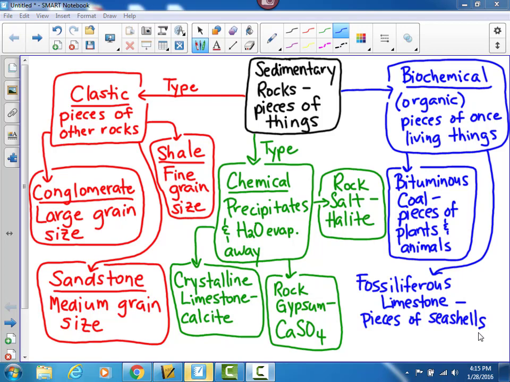Seashells are mostly made of calcite, which is the mineral that forms crystalline limestone. So you can see why this is still called limestone. It's the same mineral, but this has a different origin. It's not made by precipitation, it's made by pieces of seashells that have been ground up and kind of cemented together. Okay, we are done with our flowchart. This covers all the rocks that you will see in your lab, and this should help you identify which ones are which.